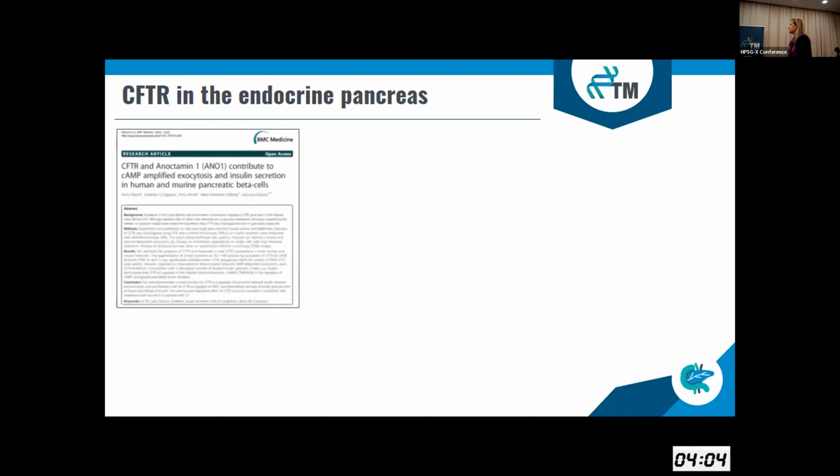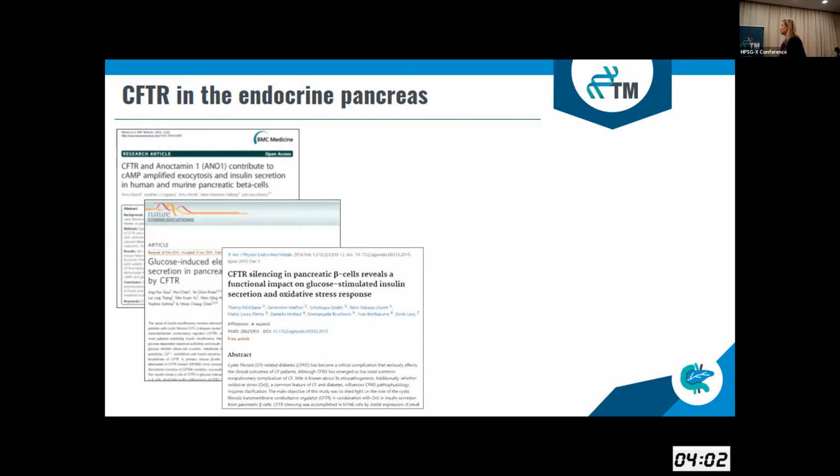In mice, it has been shown that beta cells express functionally active CFTR chloride channel, and genetic or pharmacological inhibition of CFTR in mice induces morphological and functional changes of the endocrine cells.